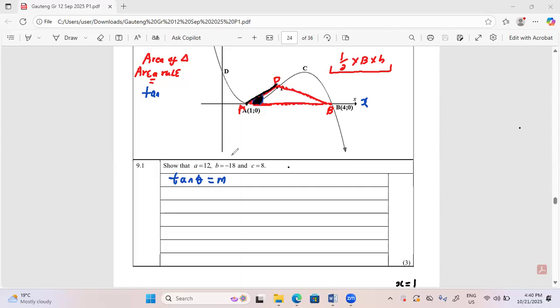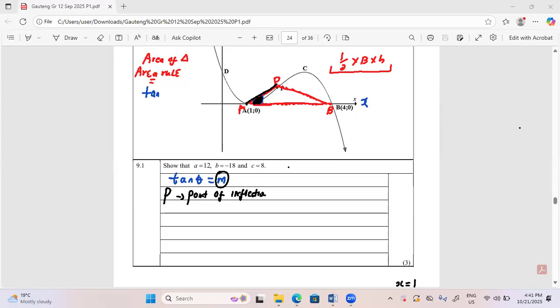M represents the gradient, which means that we need the gradient of the line AP. But we don't have the coordinates of P. Don't worry, we can find the coordinates of P because they said P is the point of inflection. If you forgot, P is the point of inflection.